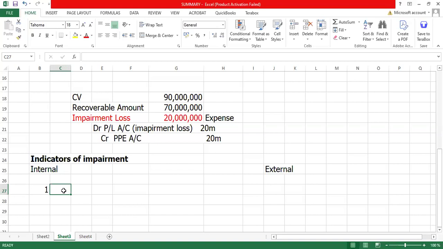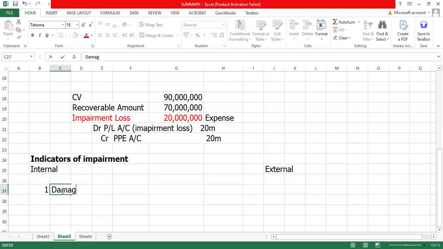Internal factors. Damage of the asset. If your asset is damaged, you cannot sell at a higher price. The value of that asset will automatically reduce.